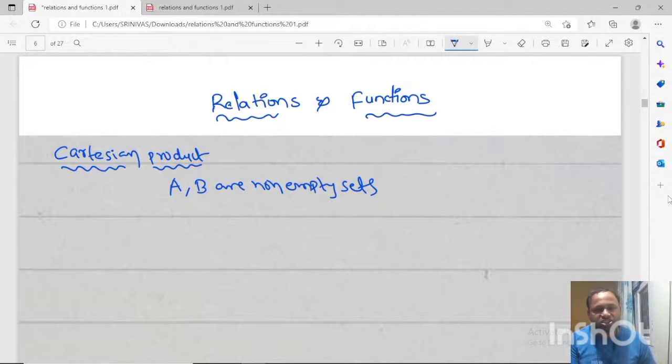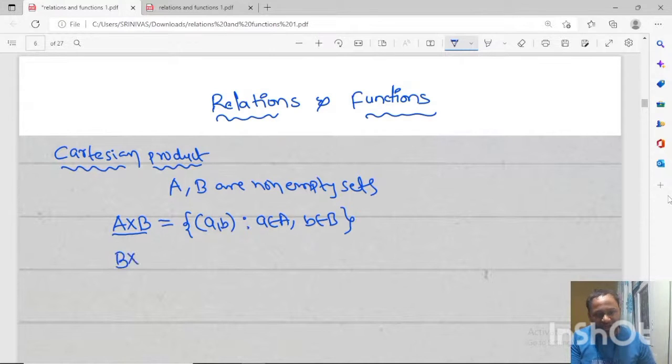Then the Cartesian product is denoted by A cross B. We can define the Cartesian product as A cross B equal to the set of all ordered pairs (a, b) such that a belongs to capital A as well as b belongs to capital B.